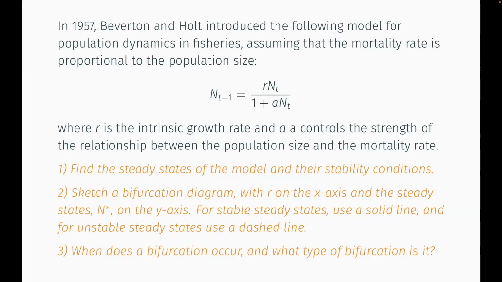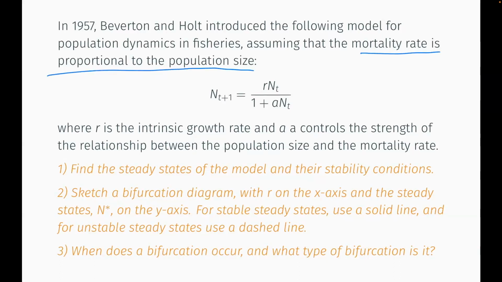So this is another type of discrete time population model. This is from the 1950s, between a couple of mathematicians, Beverton-Holt. This was originally intended to model fisheries. So our N's here are referring to the number of fish in the population. And here they are assuming that the mortality rate is proportional to the population size.